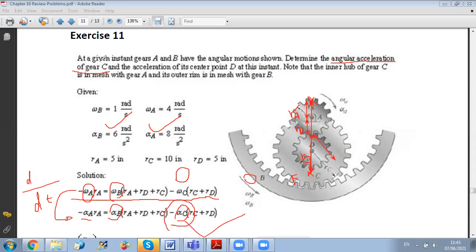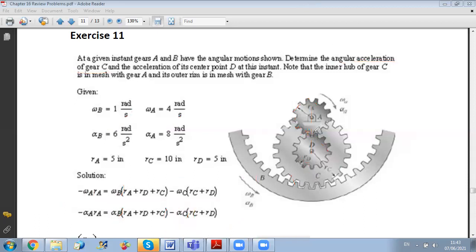If I didn't pay attention to this method, I can relate the acceleration of two points of the disk. But please pay attention, as we said, tangential acceleration is common between two gears in contact, but not the normal one, not normal acceleration.